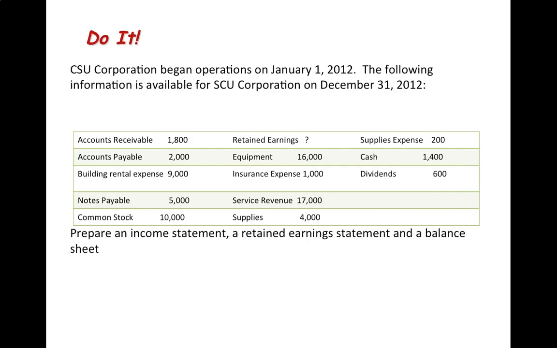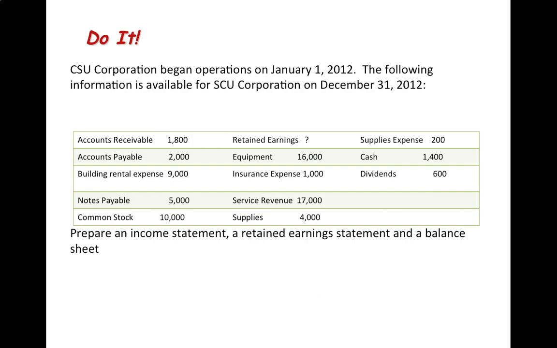Remember it has that accounting equation, assets equal liabilities plus stockholders' equity. Common stock is stockholders' equity, so it will go on the balance sheet. Retained earnings is going to go on the retained earnings statement. Equipment is an asset, goes on the balance sheet. Insurance expense, an expense, will go on the income statement.